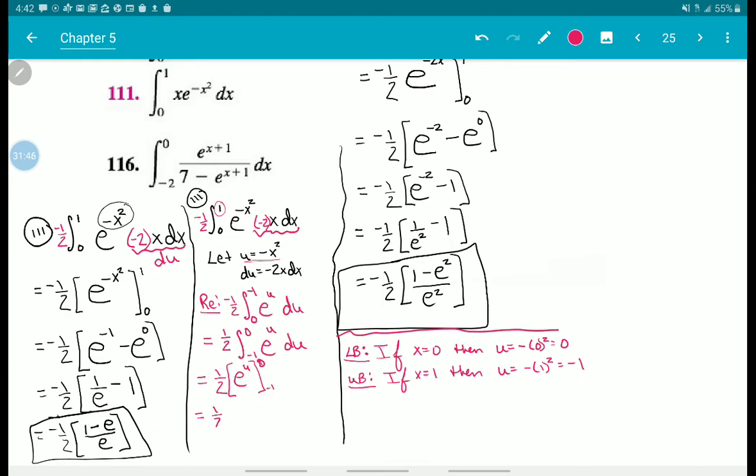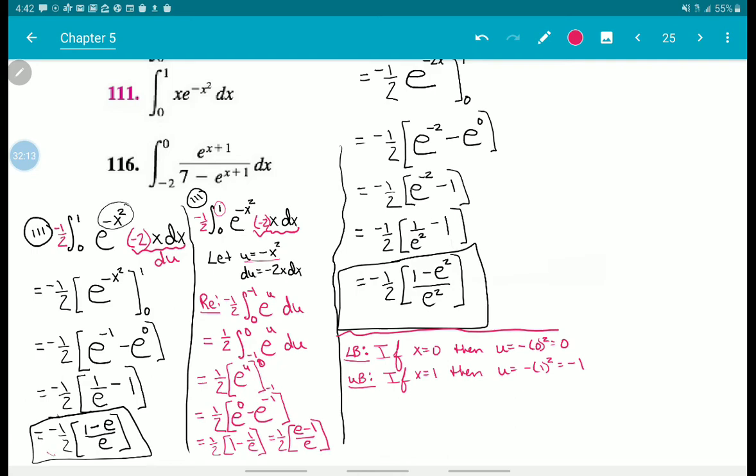So we're going to have 1/2. This is going to be e to the 0 minus e to the negative 1. So this is 1/2 times 1 minus 1 over e. And if we get that common denominator, this would be 1/2 times e minus 1 over e.